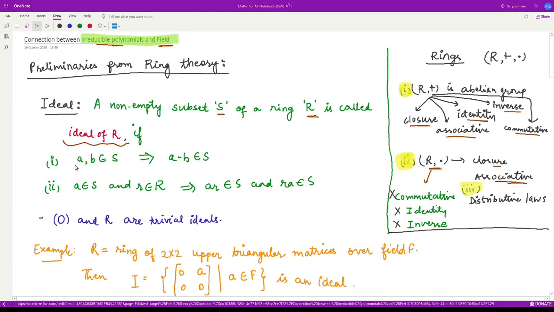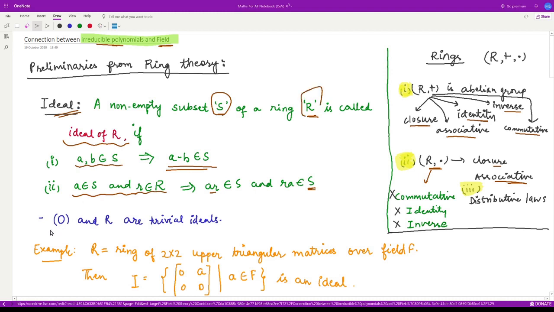If you take any two elements from that set, their subtraction is also in S. And if you take one element from the non-empty subset and one element from the ring, then their product from both sides, that means you multiply A by R, that should also be in the given subset, and you multiply R with A, that should also be in S. If these properties are satisfied, then we say that the given subset S is an ideal of the ring R, right?